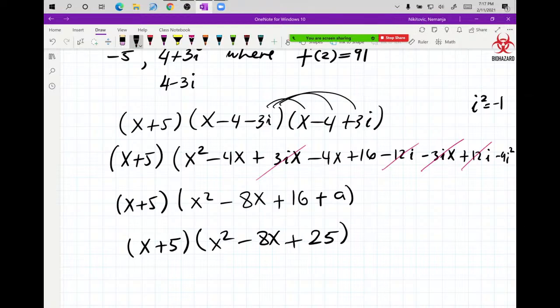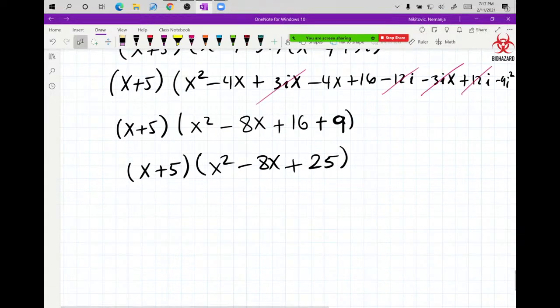The only thing that is left is to now FOIL this. Now look, all of the complex stuff is gone. So no more complex values. The only thing that now you need to do here is to FOIL this last part.